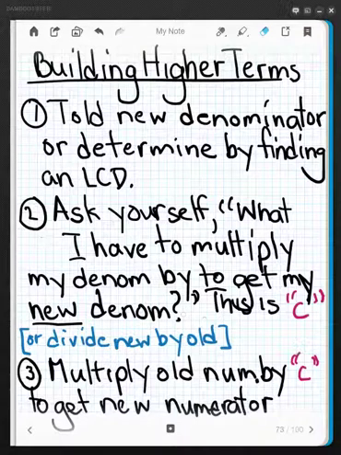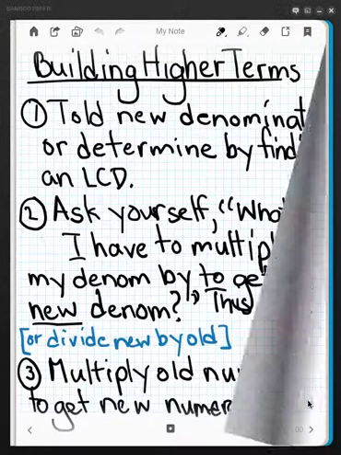When I find that answer, that's my c. Another way of asking that same question is just dividing the new by the old. That is the same exact operation. Then once I get that c, I multiply my numerator by the c as well, and I'll have the higher term. So let's practice that.